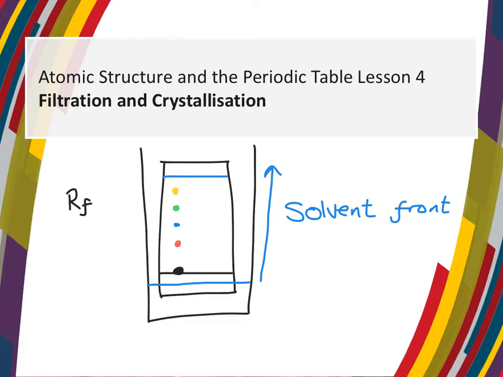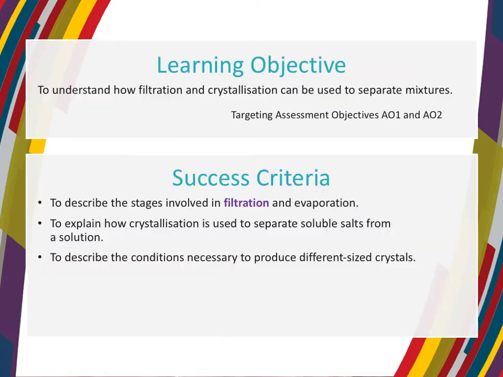So can you remember the equation to work out the RF value? So each of these moves their own distance. So let's say for that red, we would look at the distance travelled by the red divided by the distance travelled by the solvent front, and that would be our RF value. Okay, that's a bit of recap over last lesson.